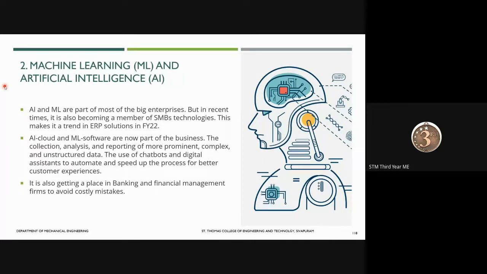So artificial intelligence is very important. These are being used in bigger enterprises. This helps in finding patterns that we cannot find ourselves, and those patterns, once found, can be implemented into the ERP. The patterns will always be in an optimized manner, so that the ERP will be optimized. That is the main function of implementing machine learning or artificial intelligence.